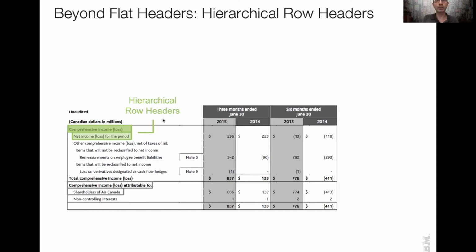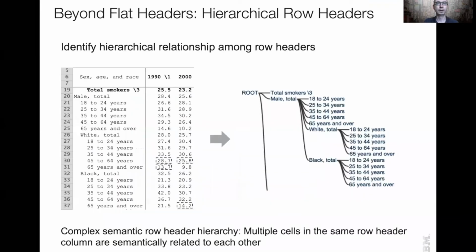But for row headers, we cannot say the same because all row headers appear within the same column. So the structure of the table itself does not help us identify which row header is nested under what row header. So in order to go from this representation to this implied row header hierarchy, we will need more sophisticated methods.